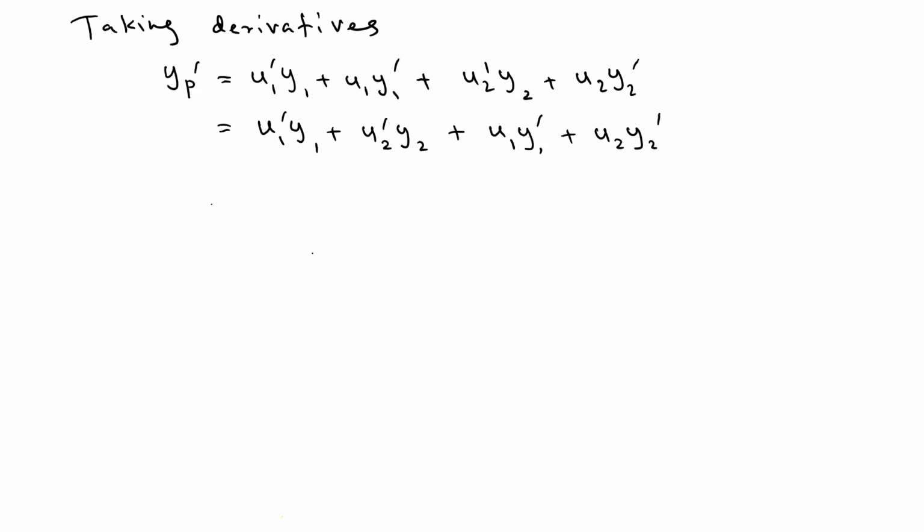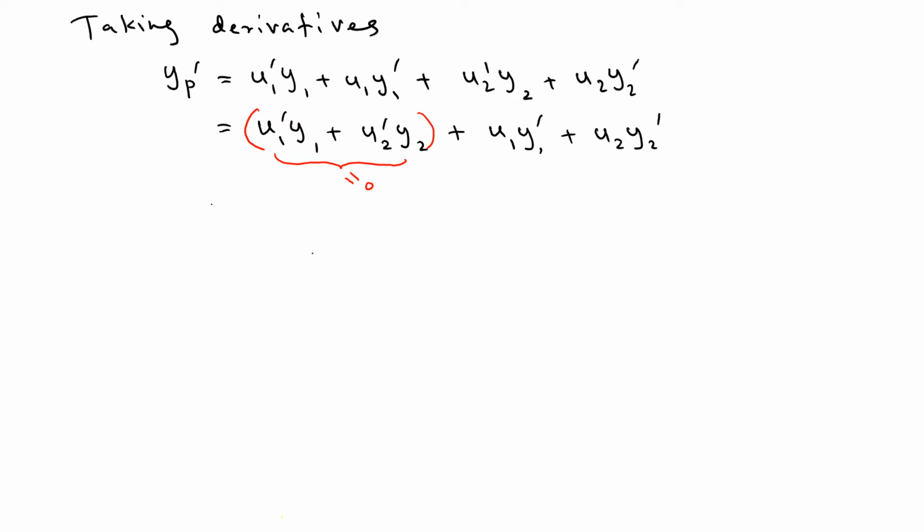Now we're going to make an assumption. Because you need to find u1 and u2, that means you need to create two equations for that. So we assume, we set this part equal to 0. You can do that because there are two functions and you need two equations. So that's the first one.